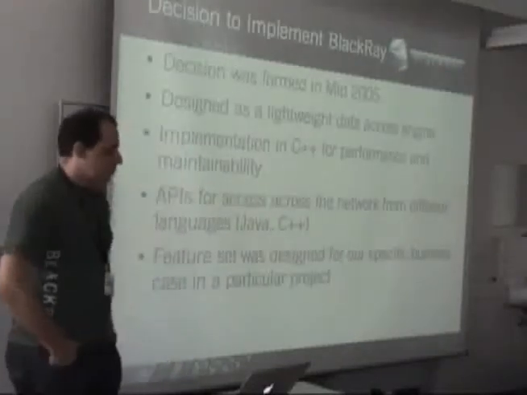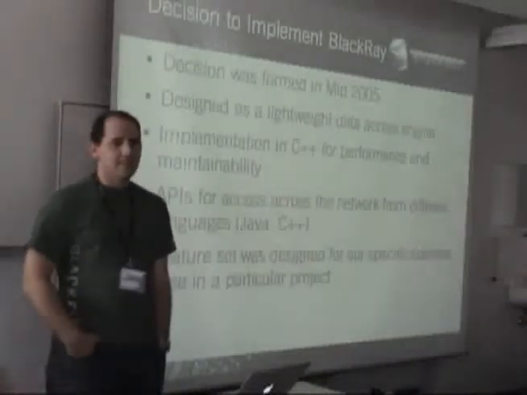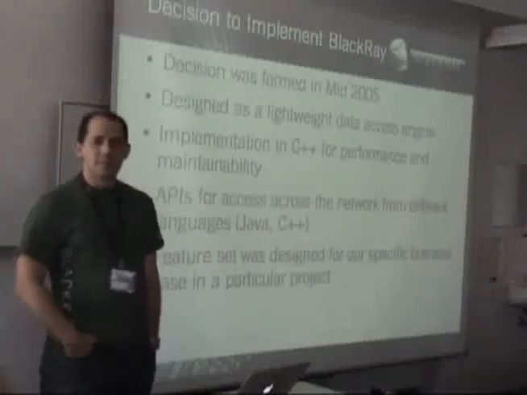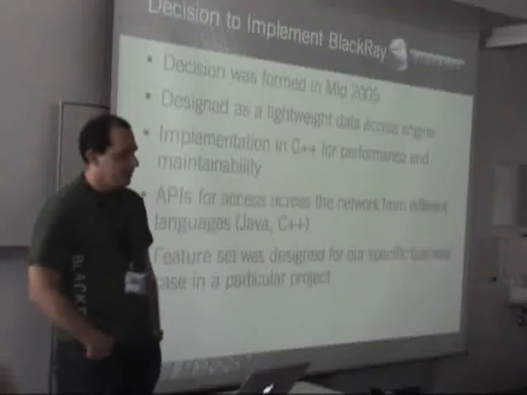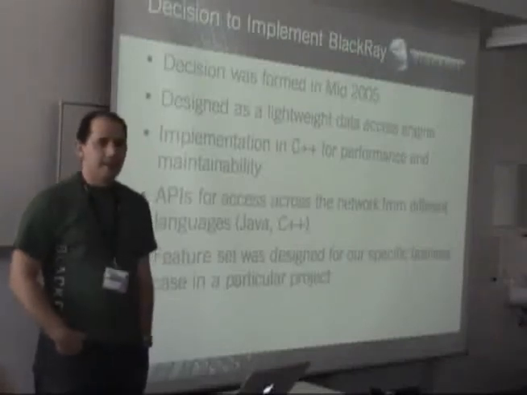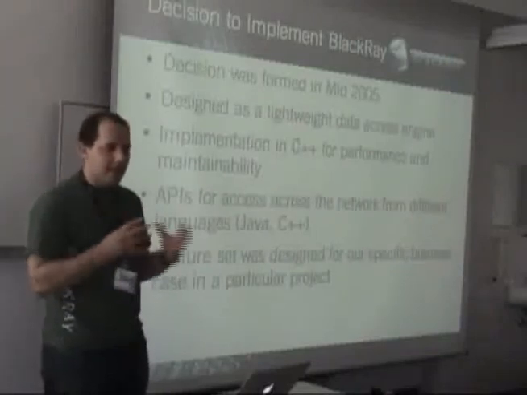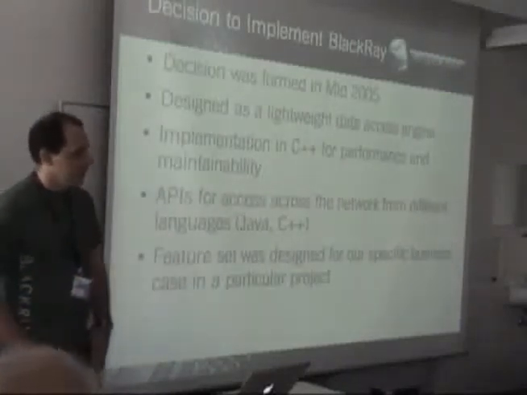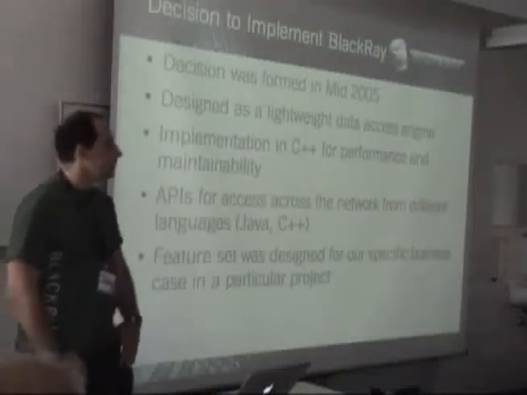So in 2005, we went back to the drawing board and we decided that we again would build something, a lightweight data access engine, something very simple, something not very complicated. We didn't talk about SQL, we didn't talk about any advanced management features. We wanted to simply have a way of basically caching the data in RAM. RAM has gotten pretty cheap by 2005. These machines were easily available. So we started in C++.